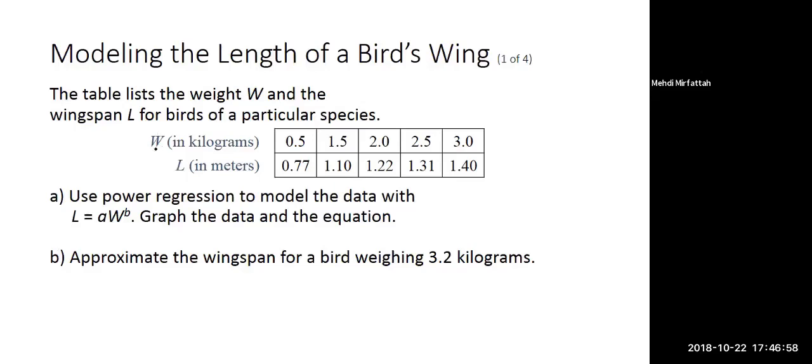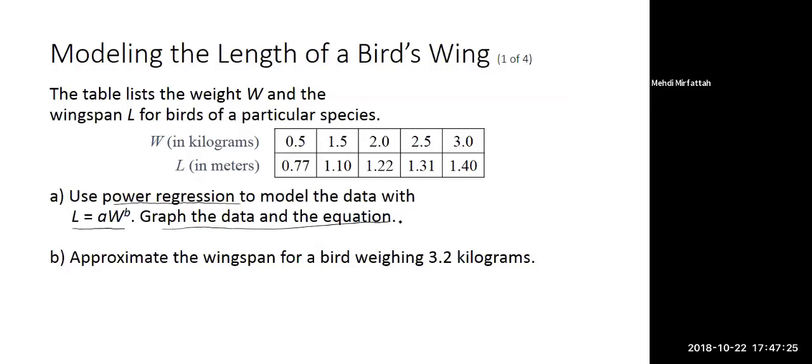Here they're giving me W from 0.5 kilogram all the way to 3 kilograms, and L goes from 0.77 all the way to 1.4. Use power regression to model the data with L equal to A times W to the power of B.